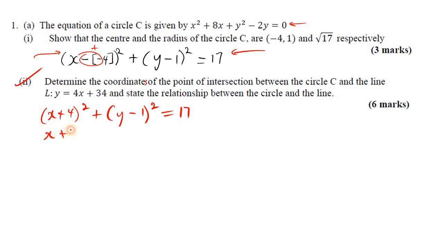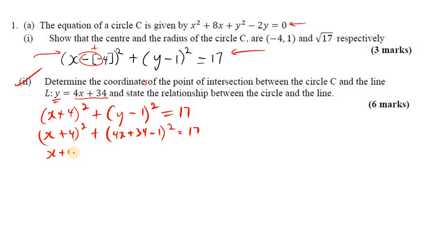Then we can replace y with 4x plus 34, so we have 4x plus 34 minus 1, squared, equals 17.